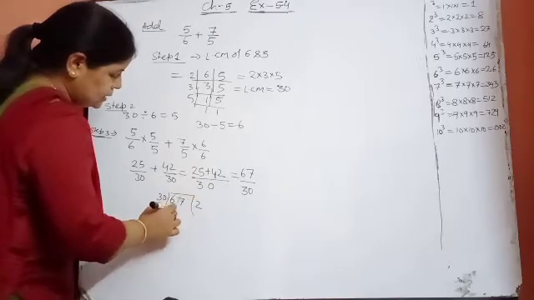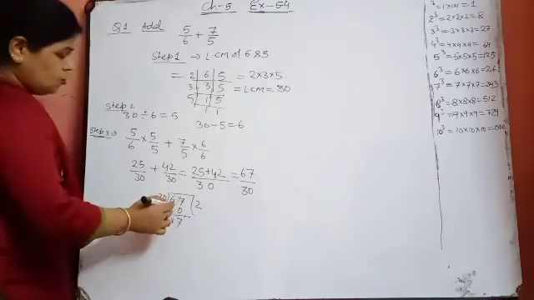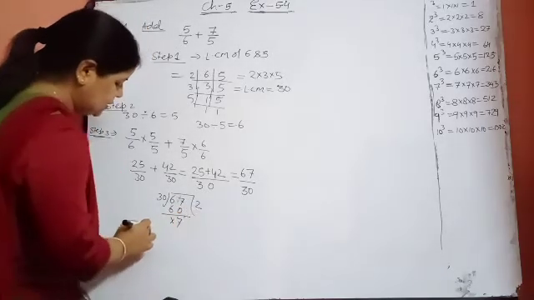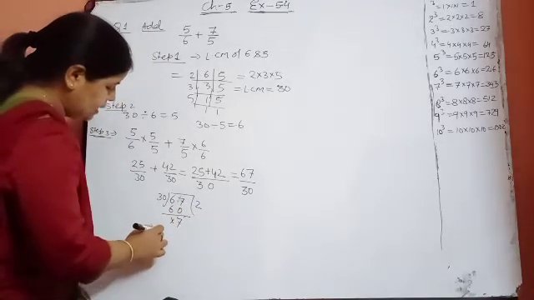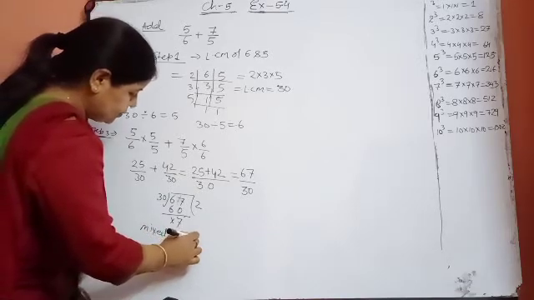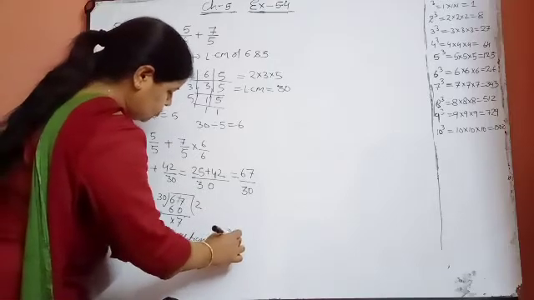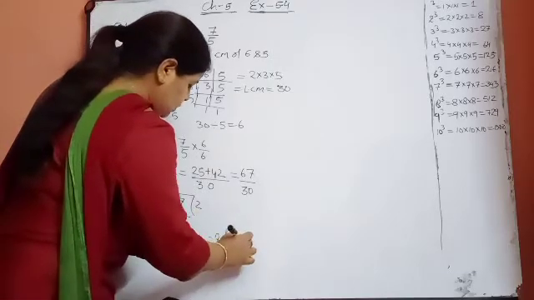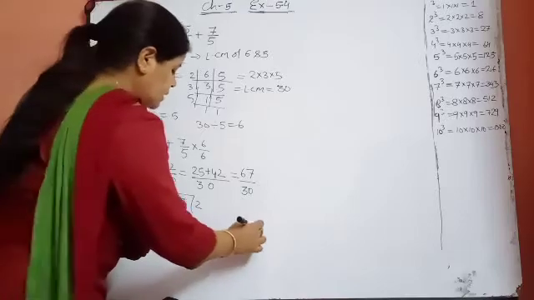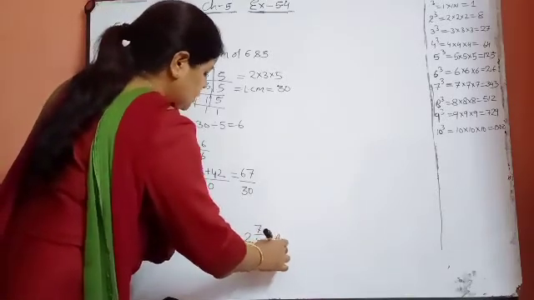Two thirties are 60. What will be your remainder? 7. In a mixed fraction we write quotient, remainder upon divisor. Quotient is 2, remainder 7 upon divisor 30. It will be your answer.